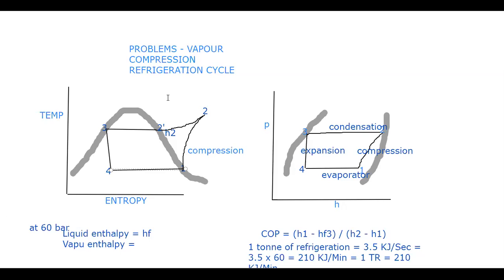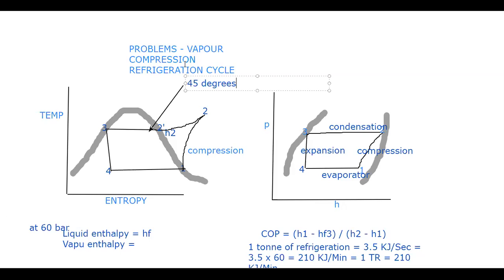See, at point 2 the higher temperature is 45 degrees, he has given. So I'll tell you, here this temperature is 45 degrees. Can you follow the diagram I'm drawing? This is 45 degrees.